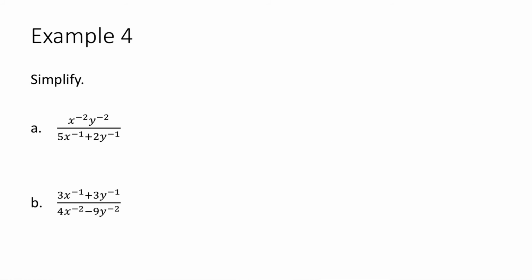All right, a couple more. Here we have, in part A, x to the negative 2, y to the negative 2, over 5x to the negative 1, plus 2y to the negative 1.